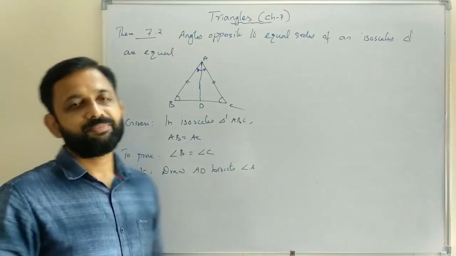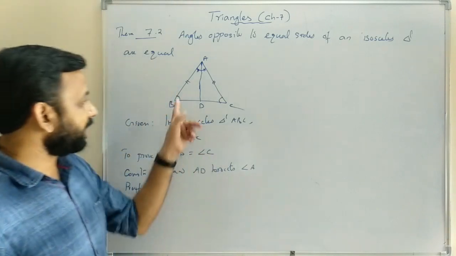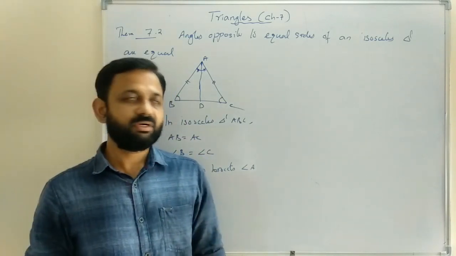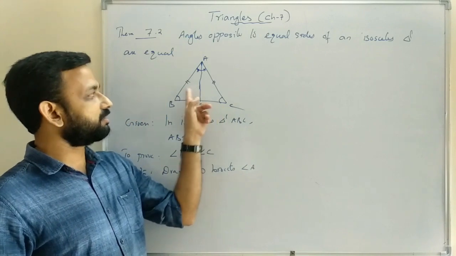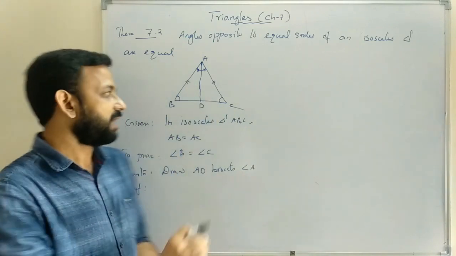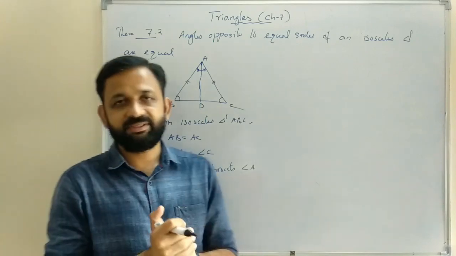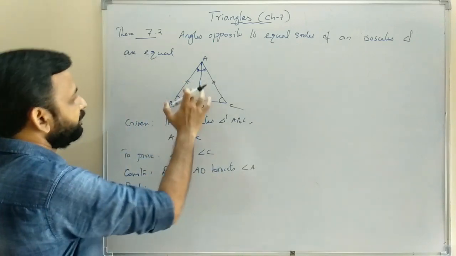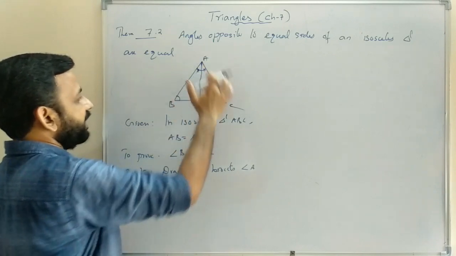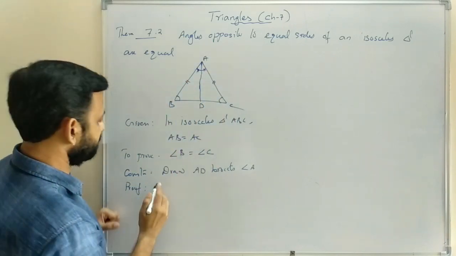We have to prove angle B and angle C are equal. If we can prove these two triangles are congruent, then angle B equals angle C, reason CPCT. So we are trying to prove triangle ABD and triangle ACD are congruent.